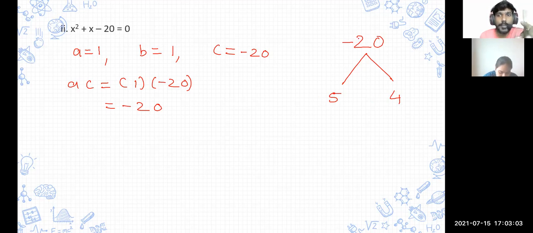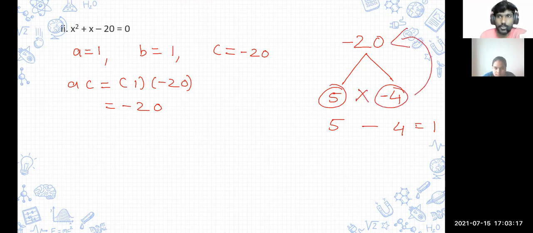So see, I need minus 20. Look carefully here. When you're doing 5 minus 4, you're getting 1. So your two numbers should be 5 and minus 4, because 5 into minus 4 is minus 20. Minus 5 into 4 you can also do, but if you do minus 5 plus 4, you'll get minus 1, but I want plus 1.